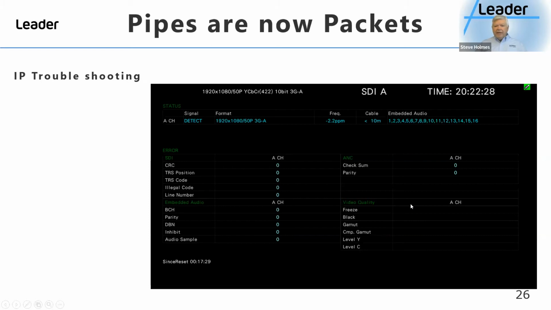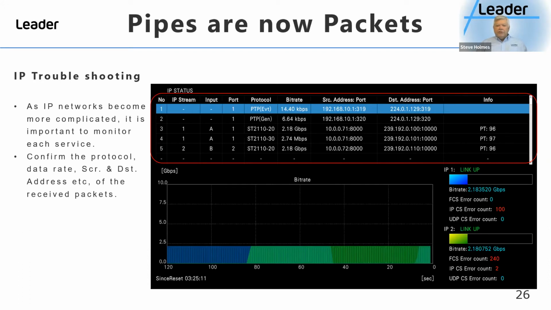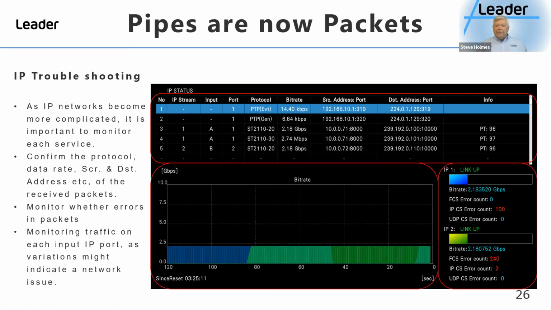In IP, instead of looking at all of these CRC and TRS positions, we're going to end up looking at the data that's coming in the door to make sure that we have our dash 20 flow, we have our dash 30 flow coming in, our PTP is here with us, and do we have any errors coming in? We can see the bandwidth on both of the two links and get an overall picture of what is coming into the scope for us and monitor these packets.